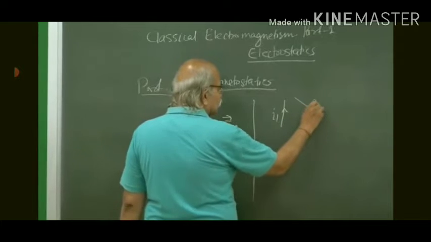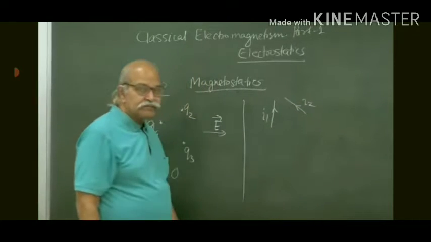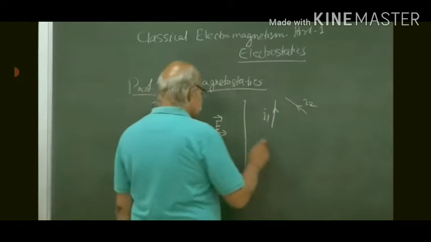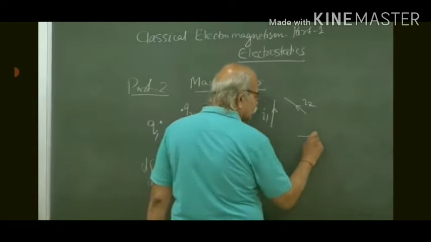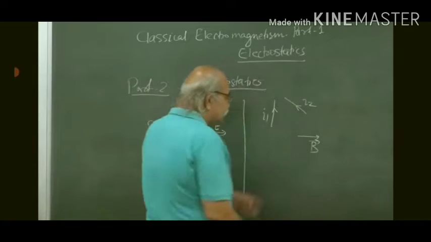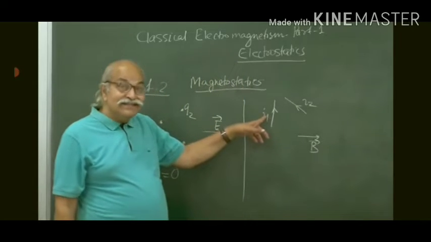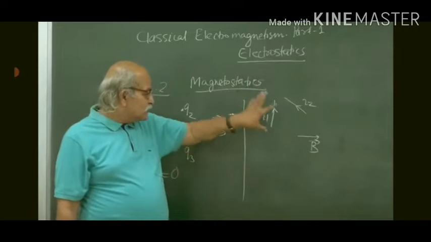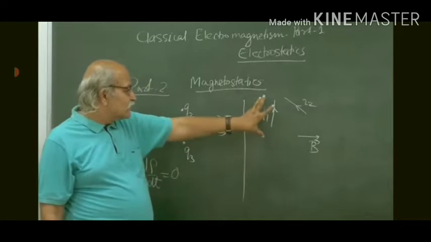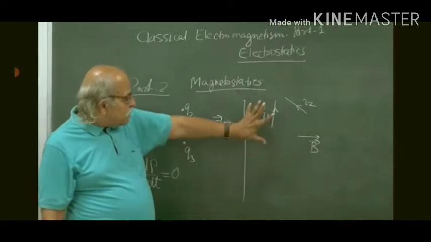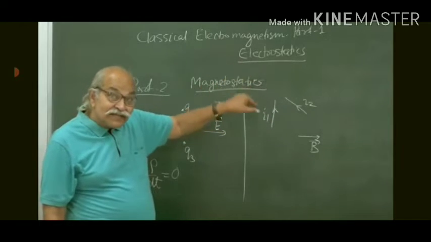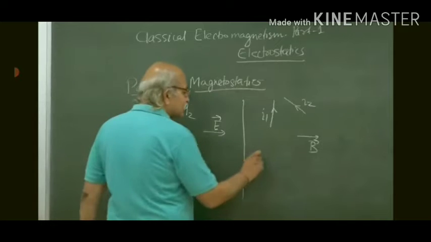Now, here in magnetostatics you have currents, I1, I2, you have different currents, and these currents produce magnetic field. So, this is E, and then these produce magnetic field, and if these currents are not changing with time, if in the same wire or same material in which the current is going, the magnitude of the current and the direction of the current do not change with time, we call it steady current.